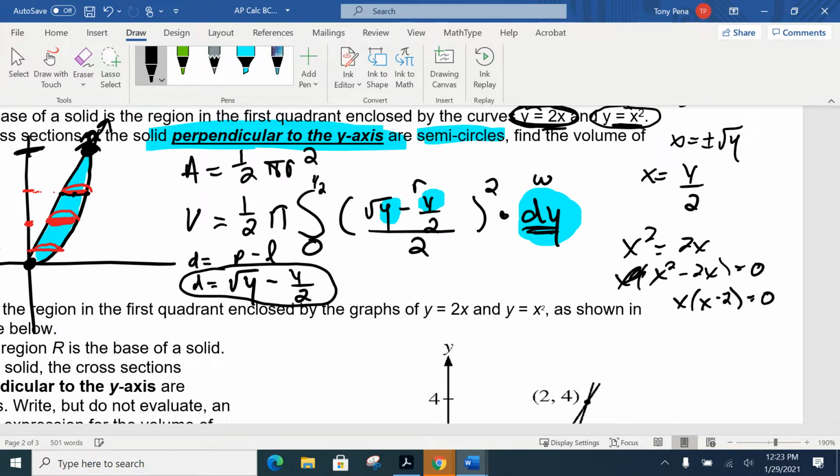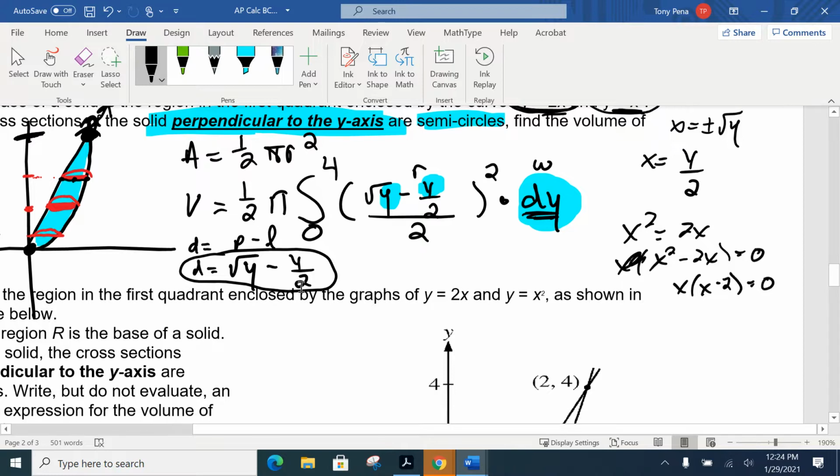Yeah, so 2, and then our y's are 4. So we should get our upper limit there to be 4. All right. Good with that. Makes sense, hopefully.